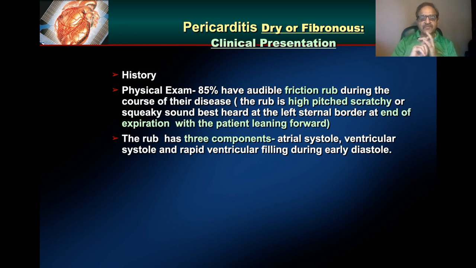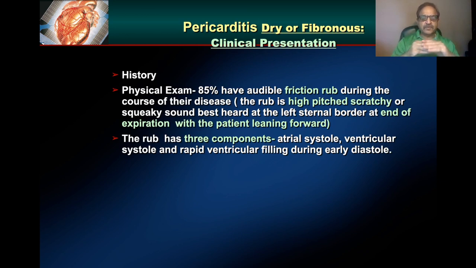The most important finding is pericardial friction rub. It's a superficial, leathery, scratchy sound which you can auscultate by putting your stethoscope on the precordium, and it's better audible when the patient leans forward and you press your stethoscope.